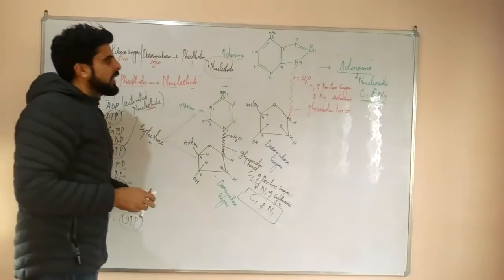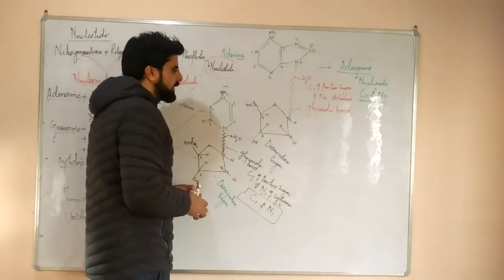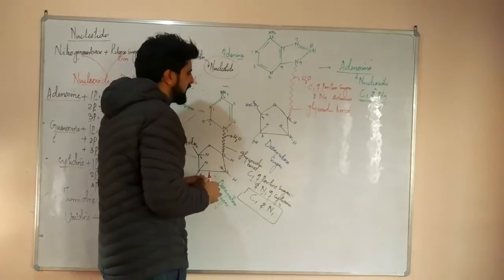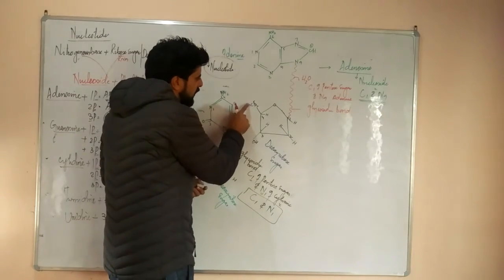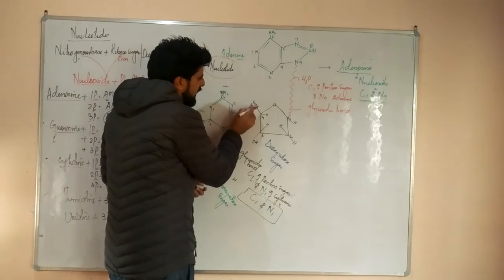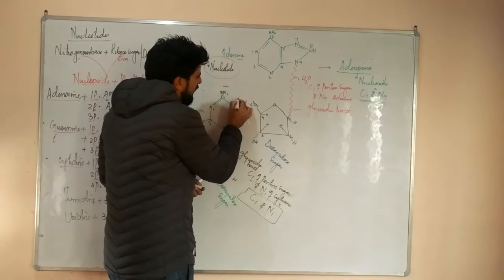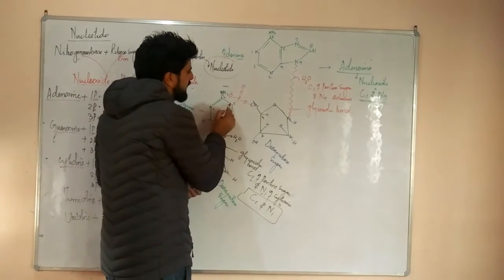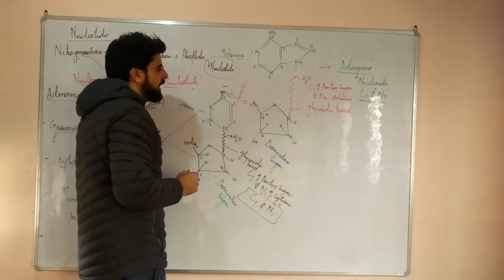Now we have to see how these phosphates get attached. See, if we have this nucleoside here, this nucleoside is known as adenosine. Now at carbon number 5, we have the presence of CH2. Here on CH2 is where the binding of a phosphate happens. If one phosphate gets added here, then we can call it a monophosphate.